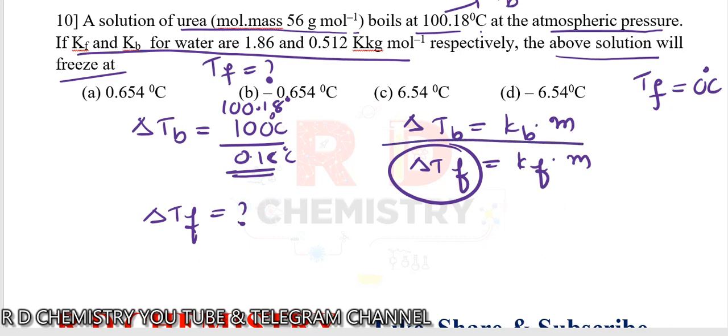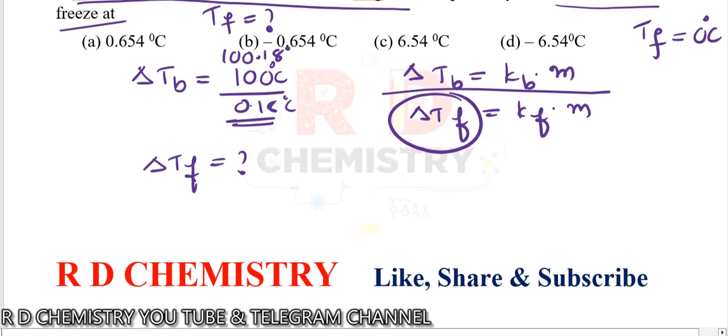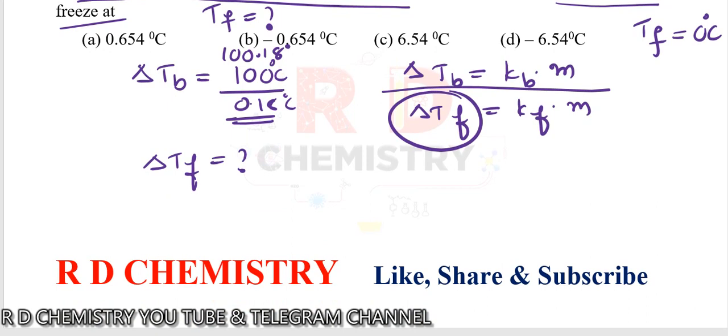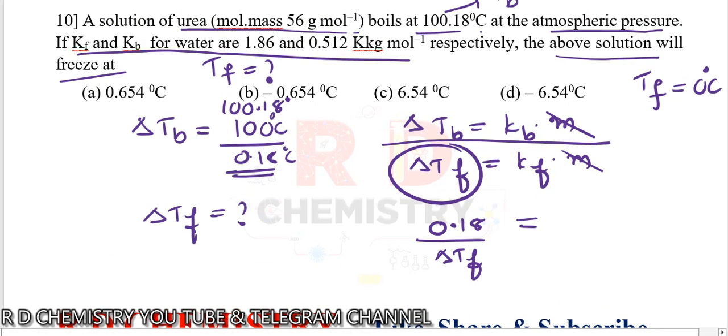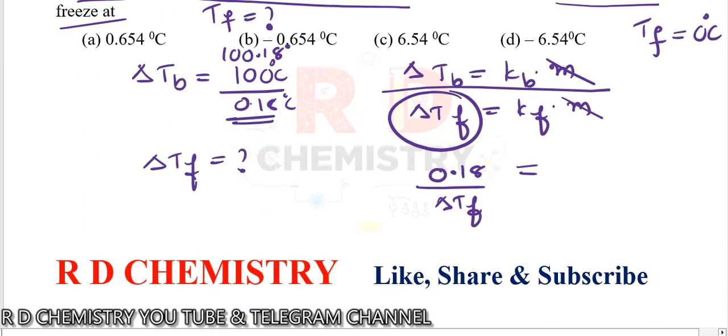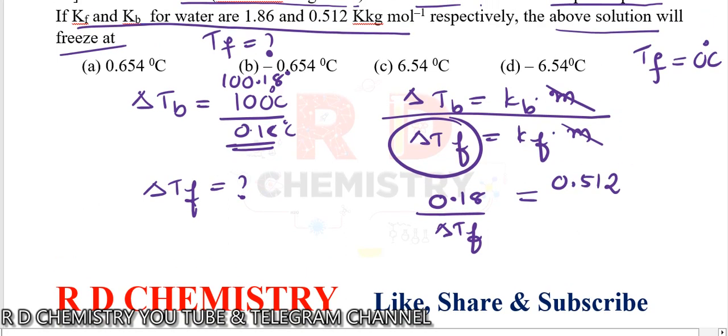We can find out the freezing point of the solution after this. So what you can do is divide one equation by the other. The solutions are the same, the molality is the same. Delta TB, the difference, is 0.18, divided by delta TF, which we have to calculate, is equal to KB, which has been given in the question, 0.512, divided by KF, which is 1.86.